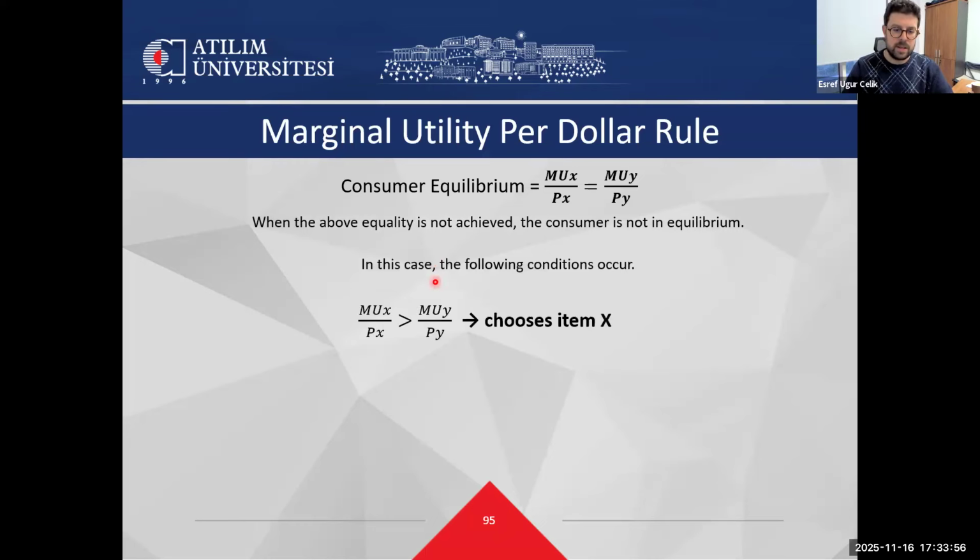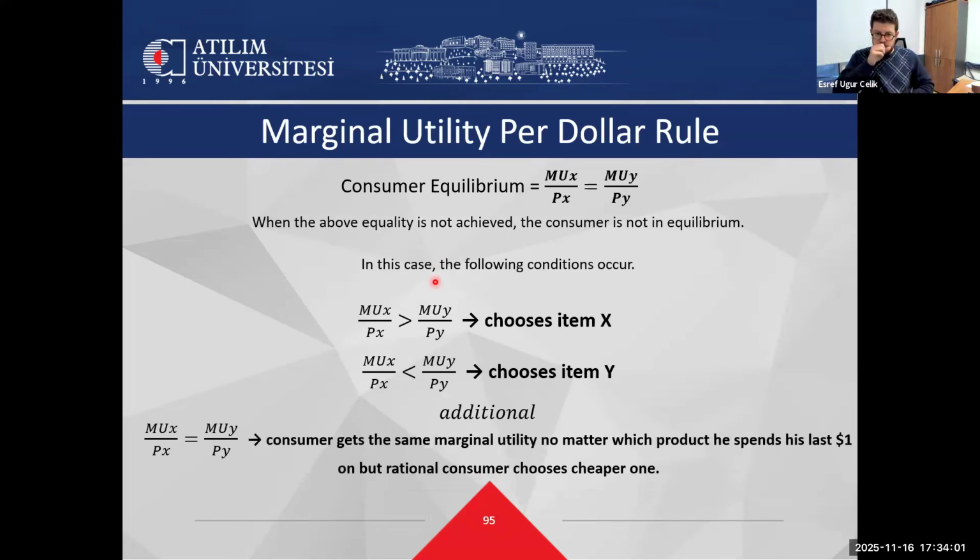Okay, in the question, I give two goods, apple and orange, or X and Y. We can compare the marginal utility per price rule.